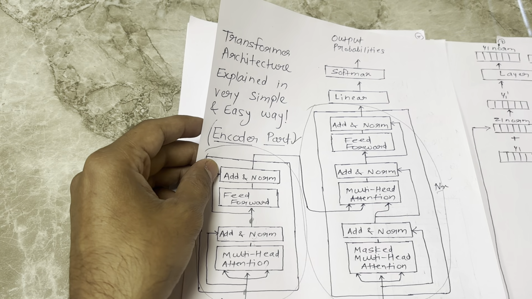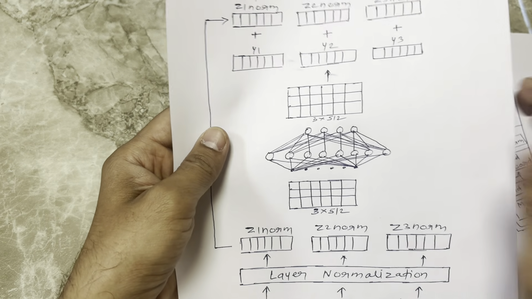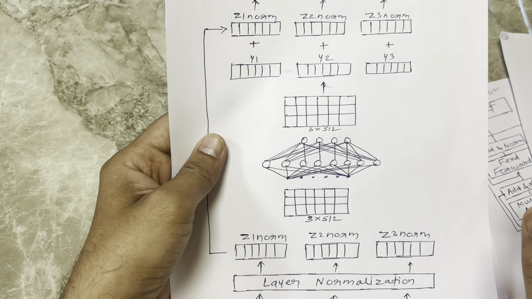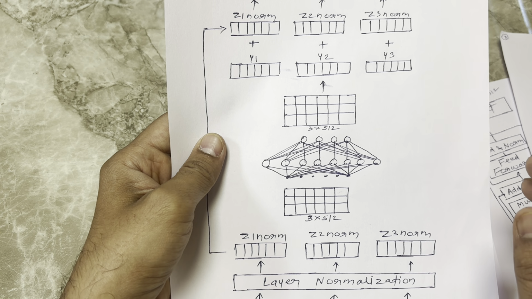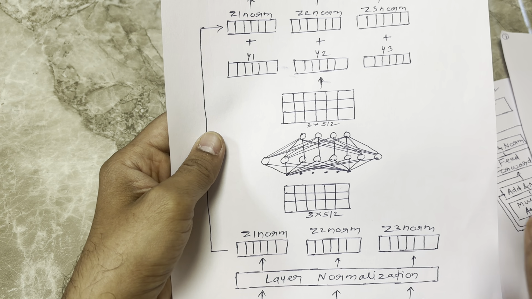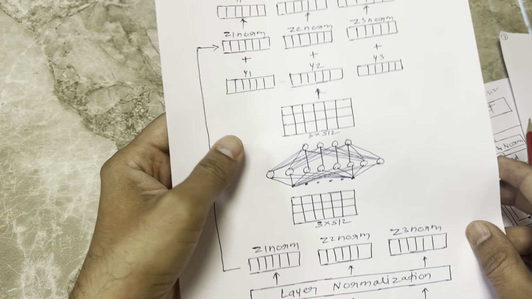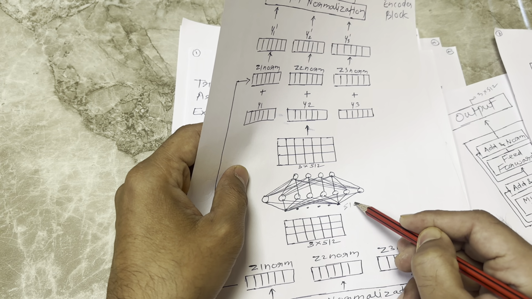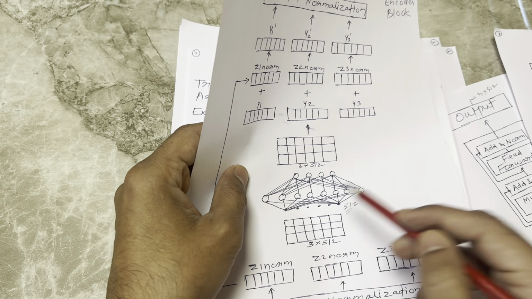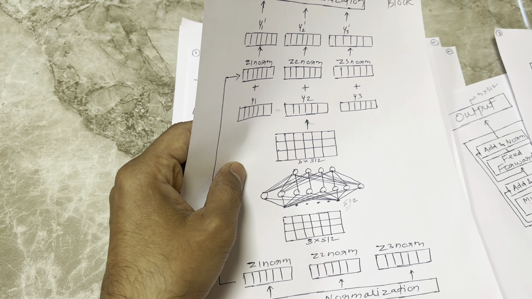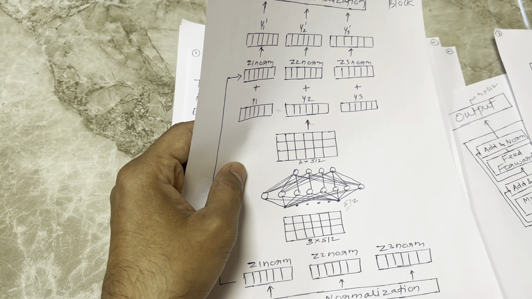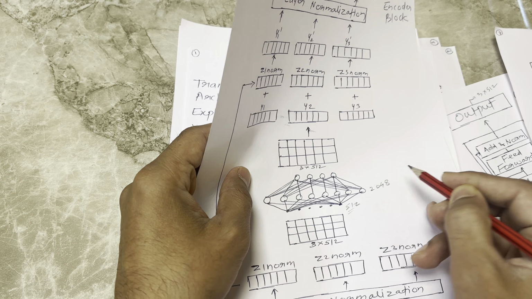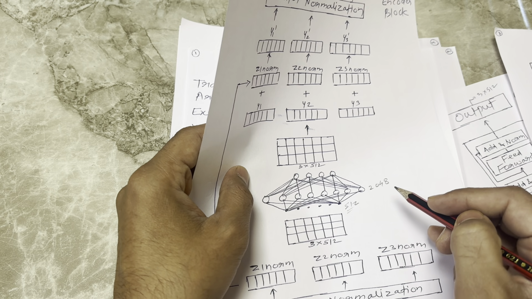I'll show you that. It looks something like this. It's a 2-layer neural network. You can input a 512 dimensional input to this neural network. The first layer has 2048 neurons.